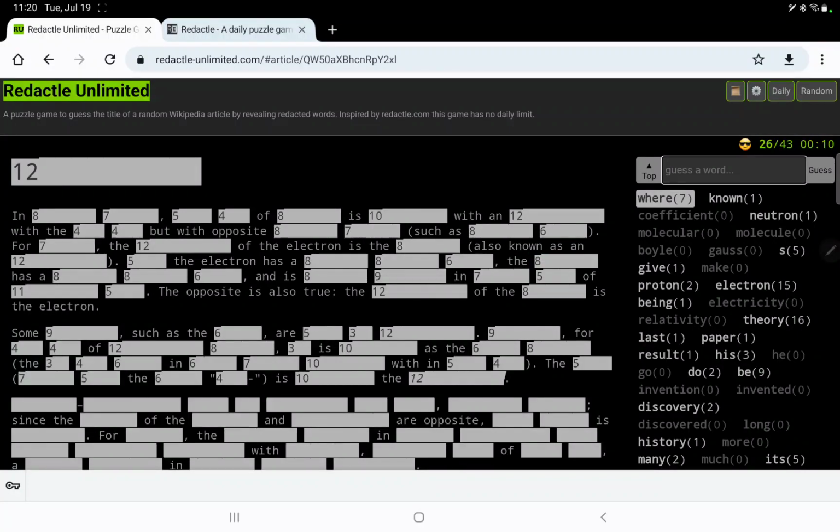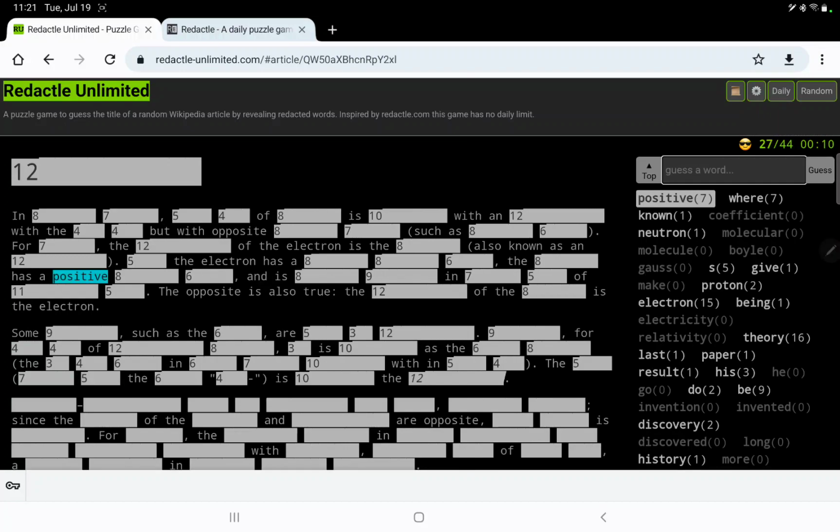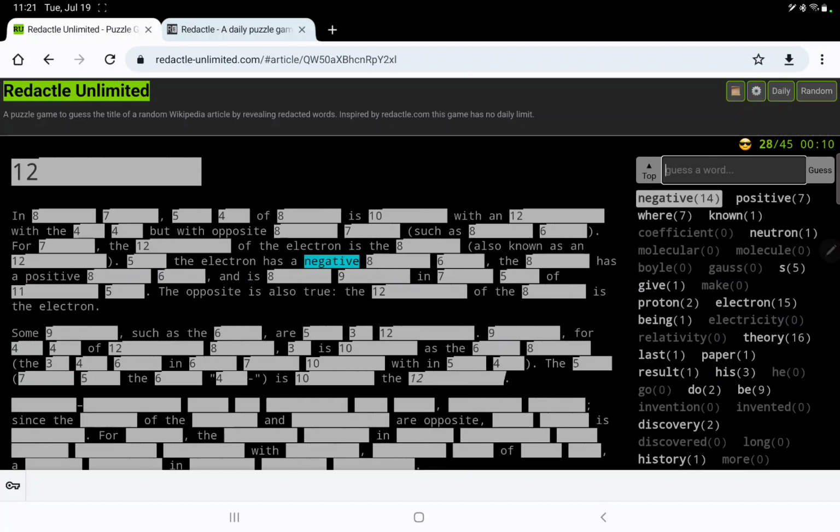Not when. Oh, let's try positive. Yeah. Oh, well, let's try negative. Okay, the electron has a negative something, the something has a positive something.